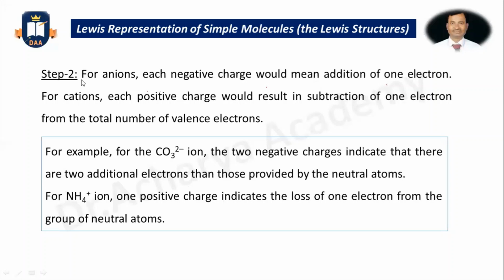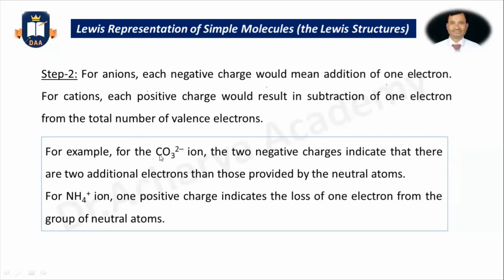Now step number 2, for anions. Each negative charge would mean addition of 1 electron. See example, carbonate ion CO3 2-. 2- means the 2 negative charge, and it indicates that there are 2 additional electrons than those provided by the neutral atoms.